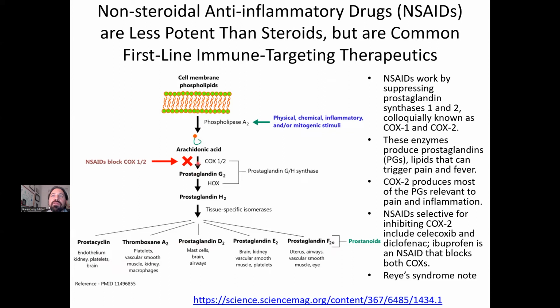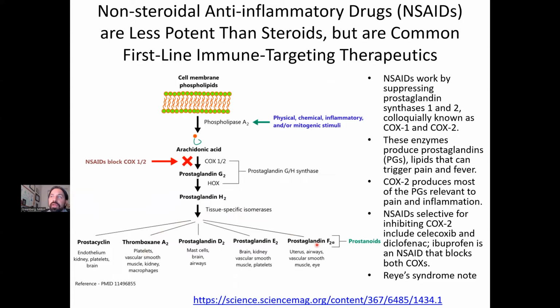And what's going to happen is that these prostaglandins are inflammatory lipids that can have a variety of effects on the local tissues, on the vascular endothelium, on the nerves, and then a number of other activities. So arachidonic acid, for example, will be metabolized by your cyclooxygenase enzymes, COX-1 and 2, into all of these different prostaglandins, and then you have these tissue-specific enzymes that can make these into a variety of different prostaglandins.